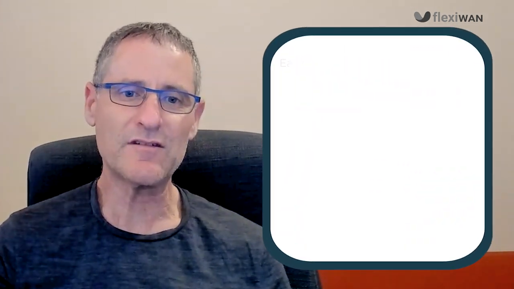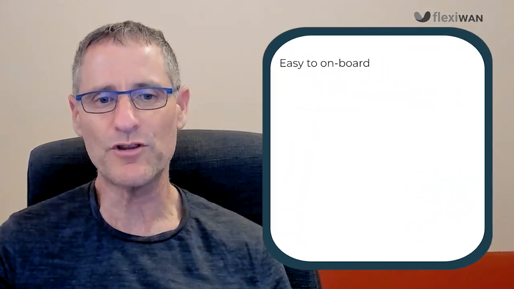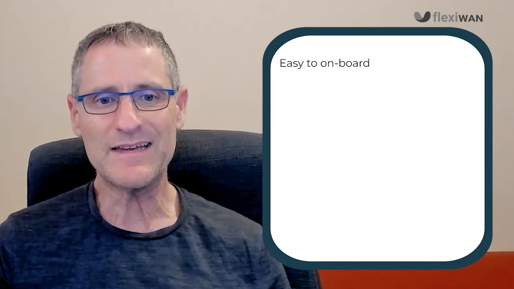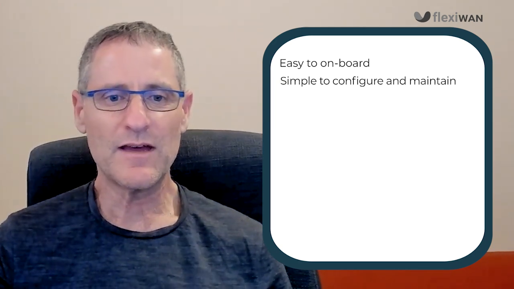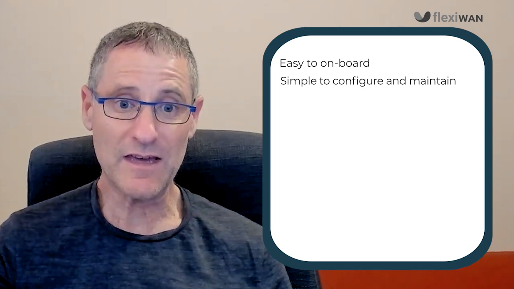To summarize all this, flexiWAN brings you many benefits that make it a much more cost-effective solution to deploy. It's very easy to use flexiWAN, very easy to onboard new customers to the system. It's simple to configure and to maintain, also at scale.